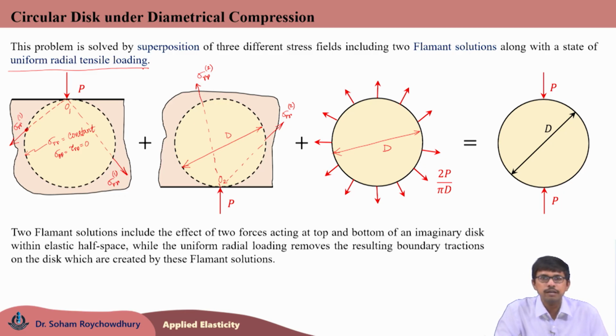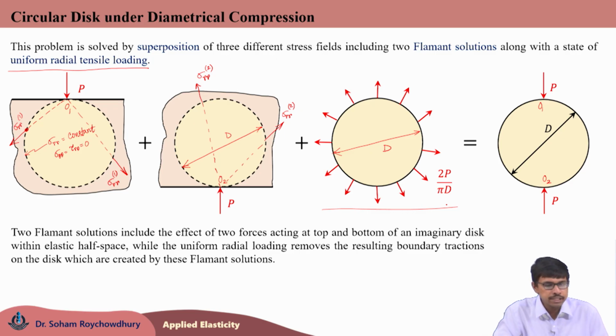So, here these two Flamant solutions only include the effect of the forces acting at top point O1 and bottom point O2. However, even though they result in a purely radial stress distribution, the superposition of those two will cause a constant compressive stress on the boundary of the disk of diameter d, which is required to be removed by adding the third field of uniform radial tensile load of intensity 2P by pi d.